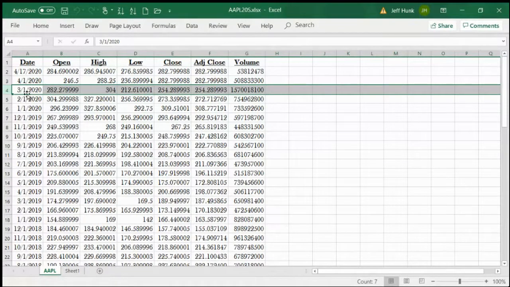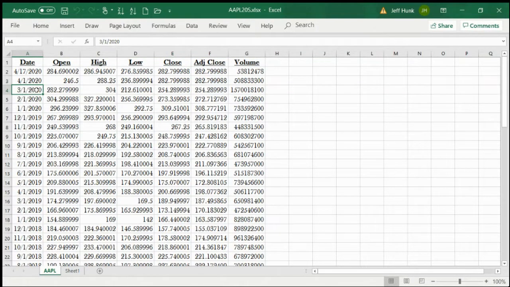And I told you not to get misled by this calendar date. This is just the date format. If this is daily data, then this is March 1st price. But this is monthly, so this is the end of the month data, March 31st data, but March is represented by March 1st.